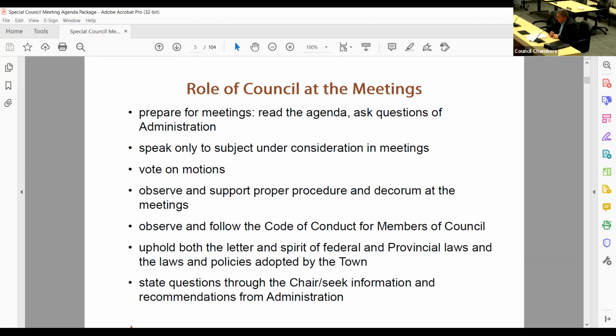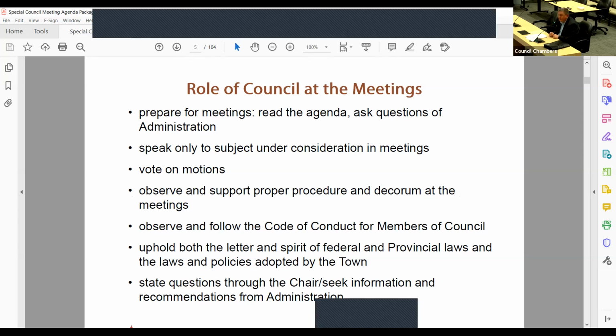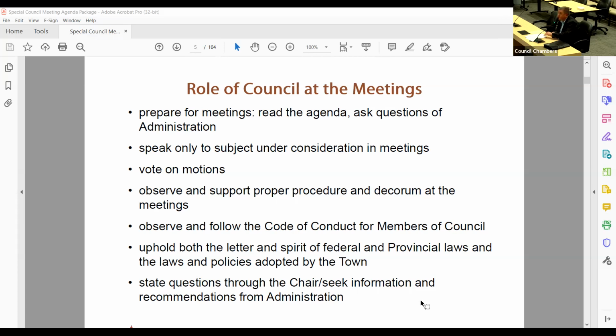So it's certainly important that the procedural bylaw reflects the fact that this is council's proceedings and that they have ownership over that. Part of that is proper preparation for meetings, voting at the meetings, and observing and supporting proper procedures. Those are some of the keys for council.